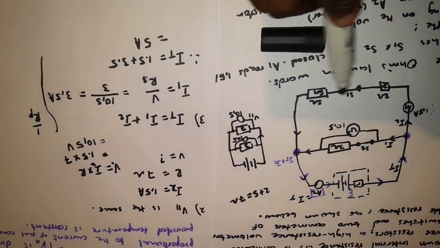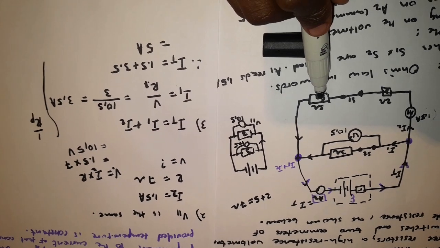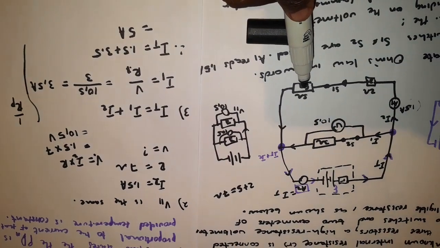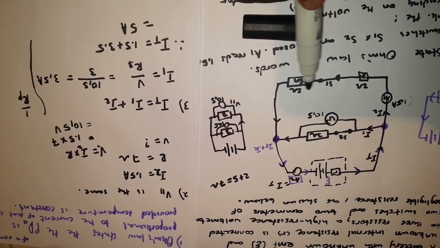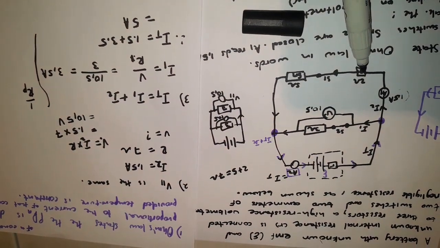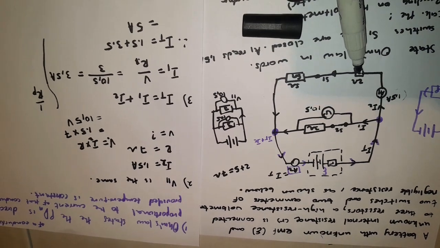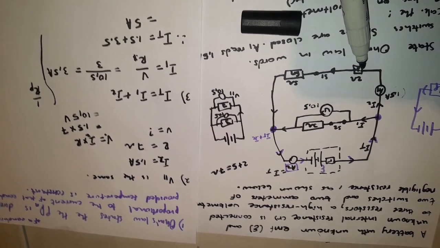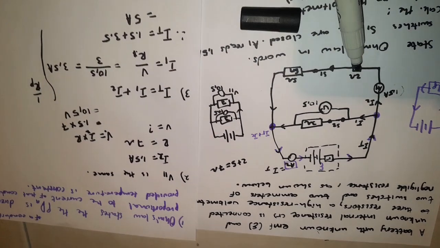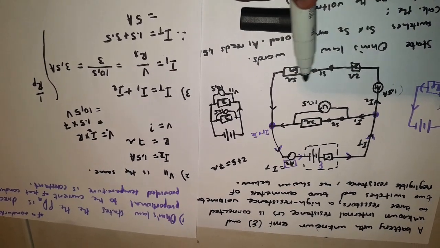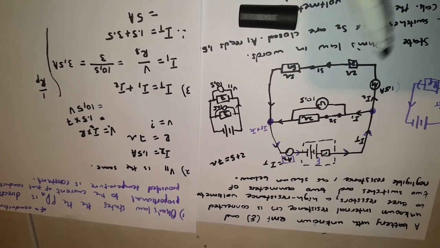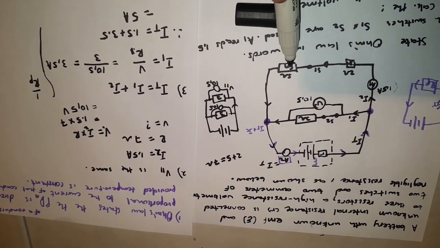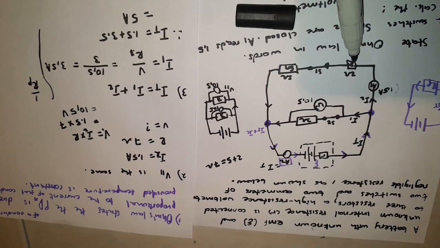These ones are no longer applicable unless they ask a question specifically on each of these two. Maybe they ask you to find the voltage on A2. We know that since they're in series, the voltage is divided, so this one will have the bigger share and this one the smaller share.